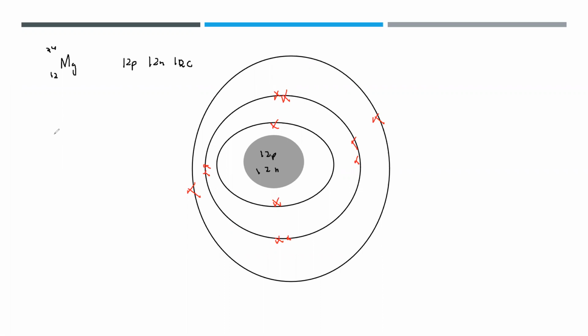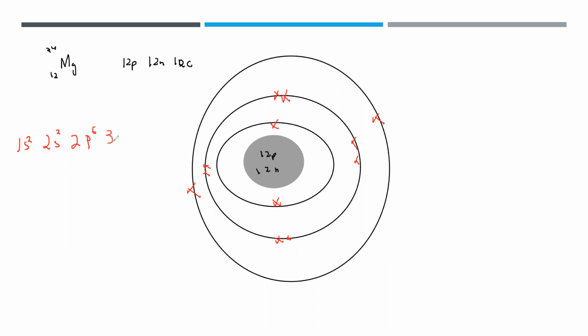In terms of structure, 1s means the first shell contains an s orbital, which will have 2 electrons. Then 2s, 2. The second shell will contain an s subshell, which contains 2 electrons, and also a p subshell, which contains 6 electrons.